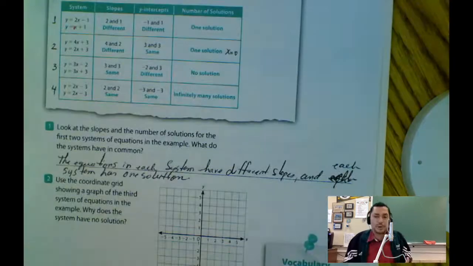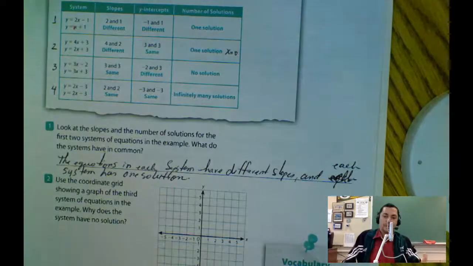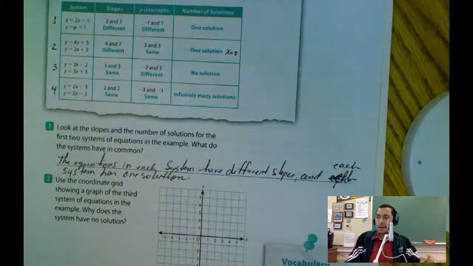Okay, so that's what we have in common. We have different slopes, so we get also one solution. Those two got one solution.